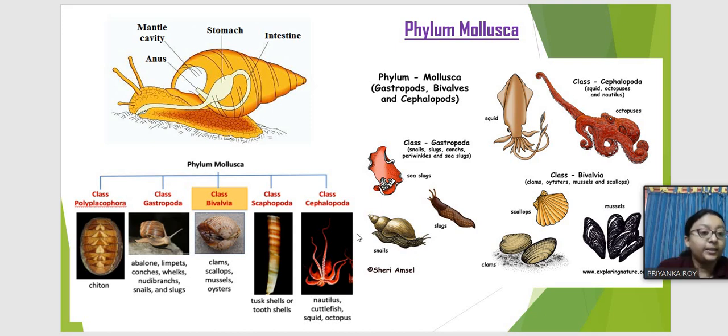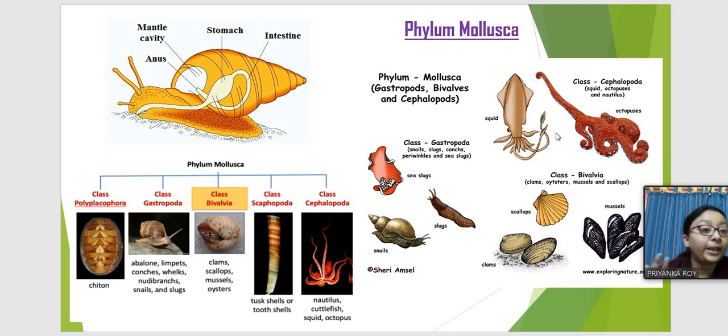So the clams are there, the mussels, the scallops, these are also edible and they fall under class Bivalvia. So there are 2 valves like this. And then Scaphopoda and Cephalopoda. Cephalo means head or brain and pod means foot.